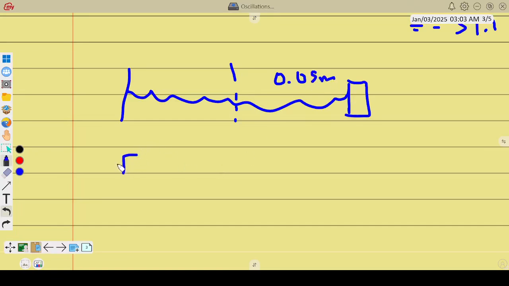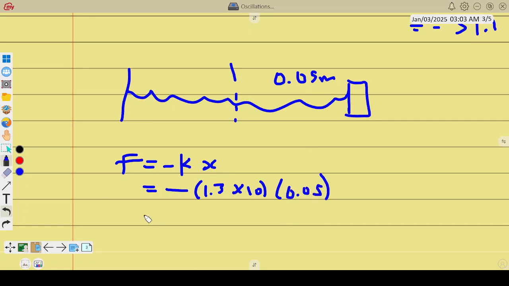So you can obviously find the force. You say negative kx. They already gave k, which is 1.3 times 10 power 2, and x is 0.05. You can compute this. We're getting about negative 6.5.